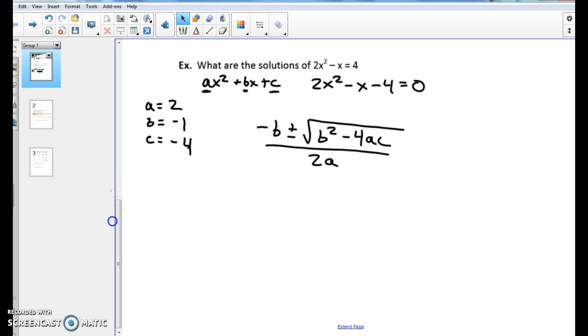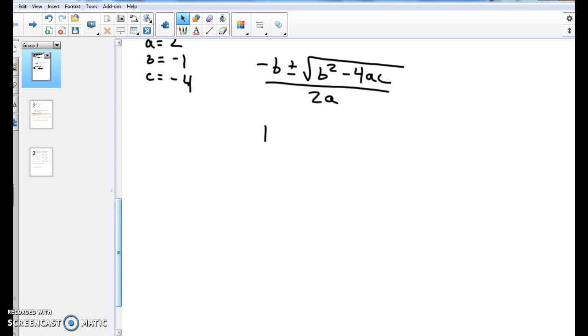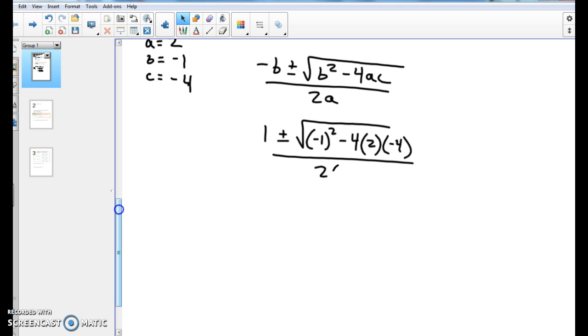So right now our b value is -1, which means when we plug -1 in for b, we're going to get +1. So I've got +1 plus or minus the square root of b squared. That would be -1 squared minus 4 times my a value, which is 2, and my c value, -4, over 2 times a.